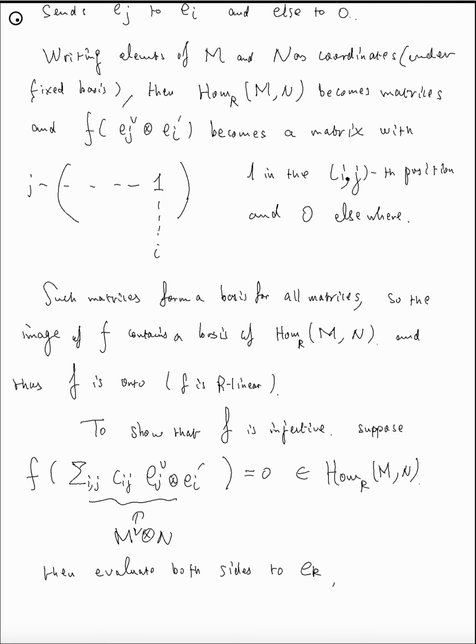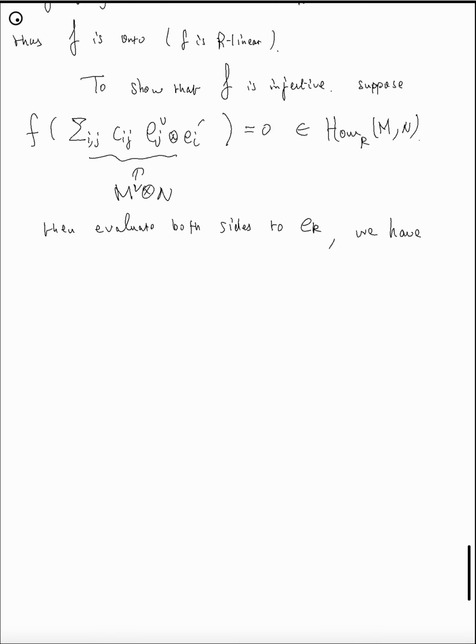What do we have? On the right hand side is 0. On the left hand side, recall this is e_j dual acting on e_k and then times e_i prime, so on the left hand side it is left only with c_ik e_i prime, and the right hand side is 0.